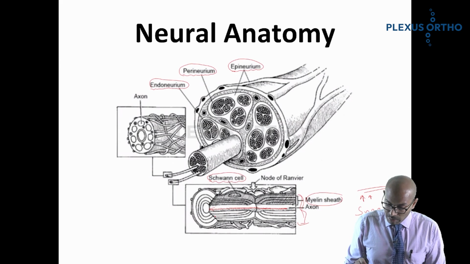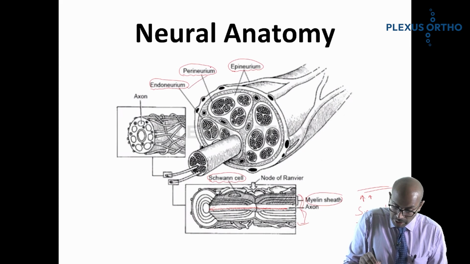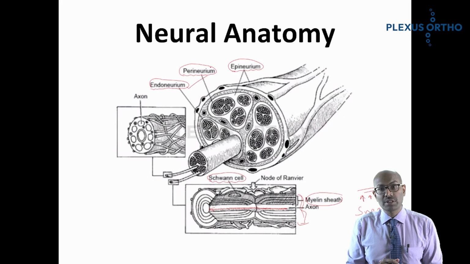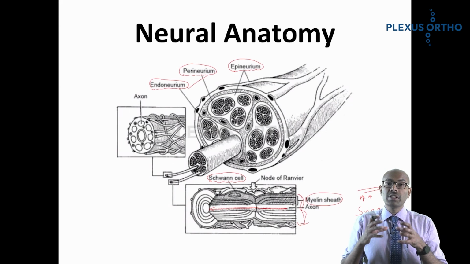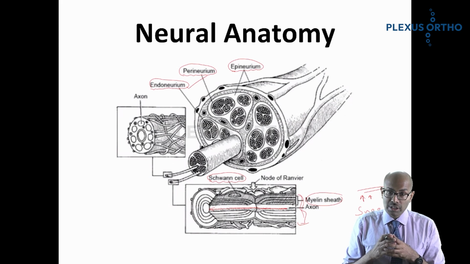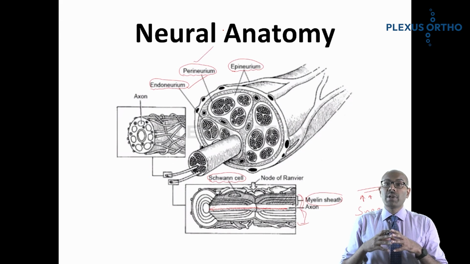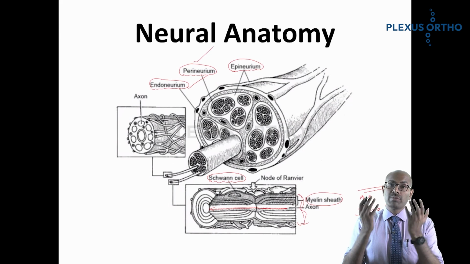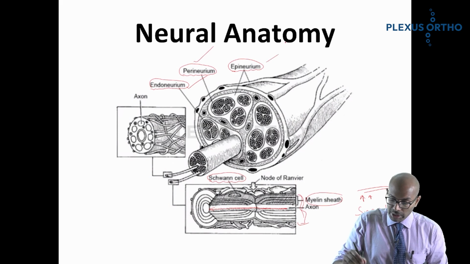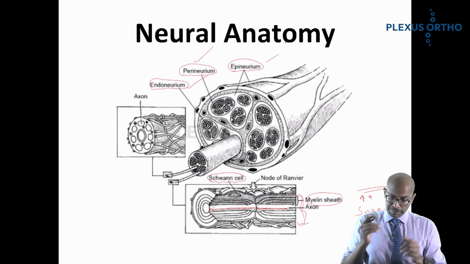The axon is covered by what is known as an endoneurium. Multiple of these axons get together and form a vesicle, which is covered by what is known as a perineurium. And a multiple of these vesicles are further covered by an outer covering, which is called as an epineurium. How do you remember epi and endo?